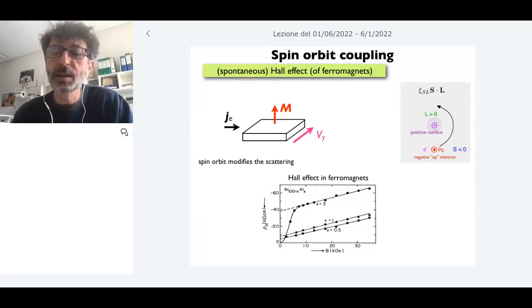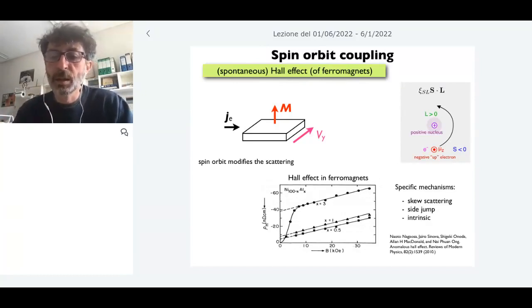It is something that in the end is related to this small spin-orbit coupling that you may have in ferromagnets. Those who could be interested, there exists a recent review. Even if this is an old effect, it is only recently that it has been a little bit better understood. So there are many specific mechanisms. Anyhow, take this as something to remember, but let's go on.